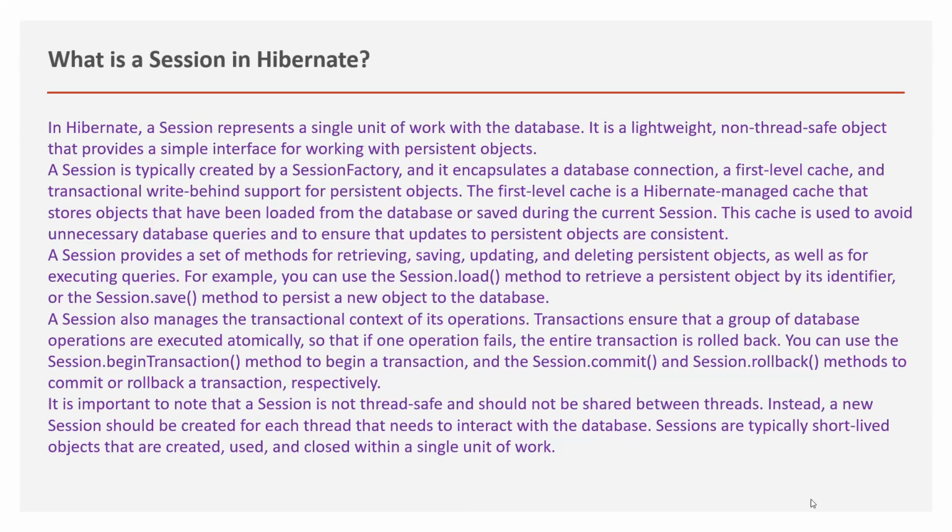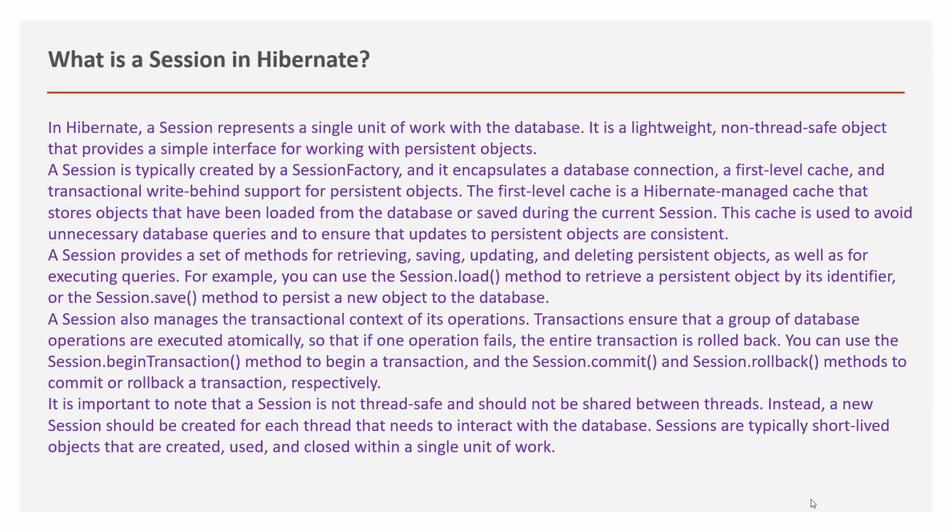A session provides a set of methods for retrieving, saving, updating, and deleting persistent objects, as well as for executing queries. For example, you can use the session.load method to retrieve a persistent object by its identifier, or the session.save method to persist a new object to the database.